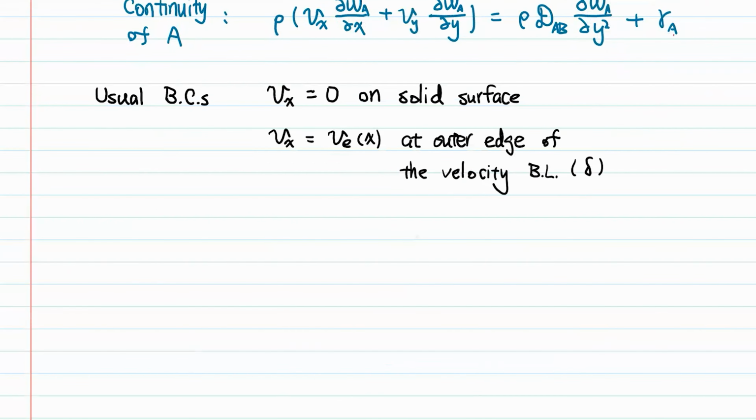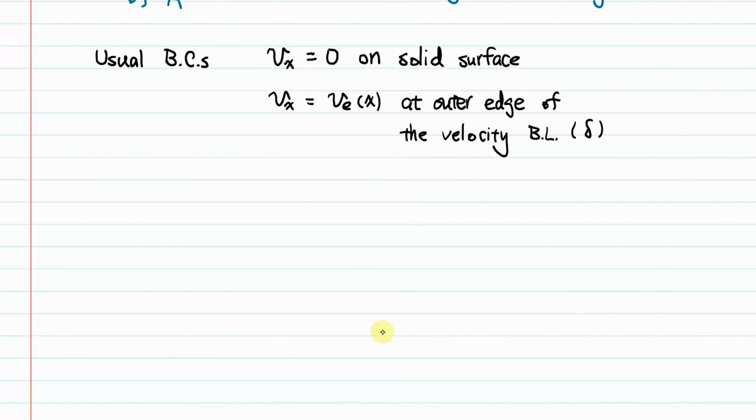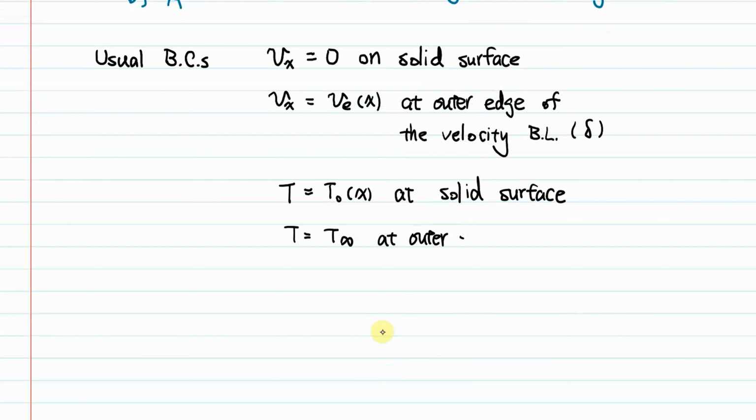And then we have the boundary conditions for temperature. So we have T equals to some T naught of x at solid surface. And it equals to some T infinite at outer edge of the thermal boundary layer.